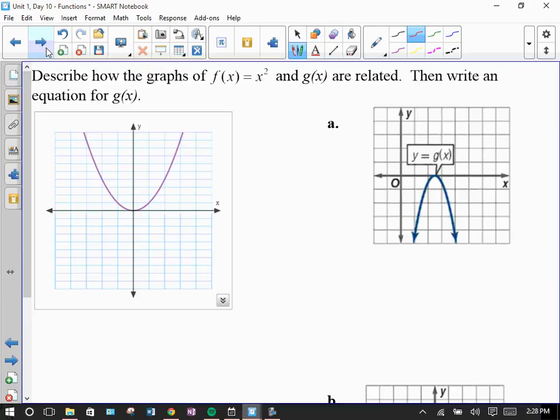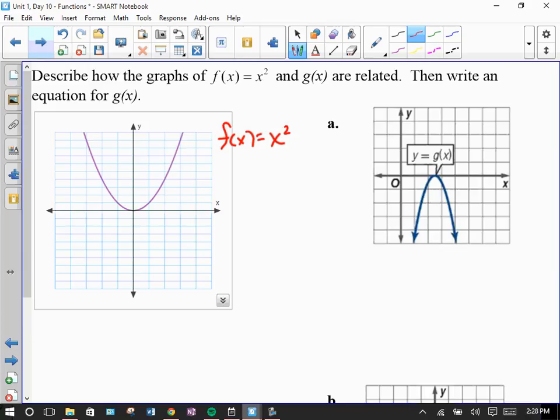I'm hoping you did it. Describe how the graphs of f of x equals x squared and g of x are related. Write an equation for g of x. This is a little bit tricky. Let's say this is f of x equals x squared. What happened here?